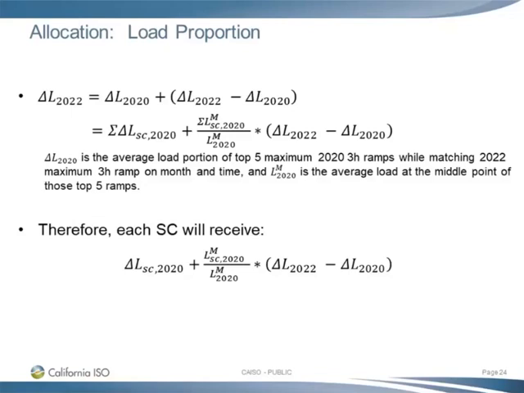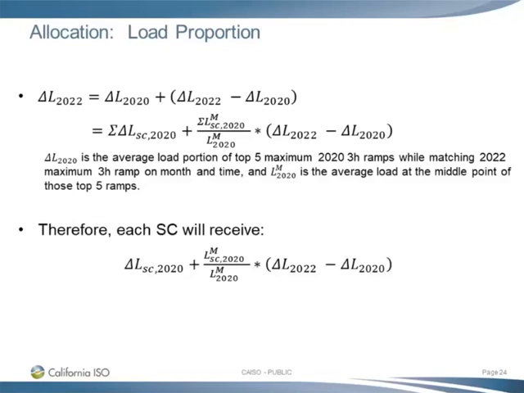Then next we take the incremental of the 2022 total system ramp minus the total ramp of 2020, and then we do the proportion. So each SC will receive the first part, the credit or incentive part, and the second part, the proportion.